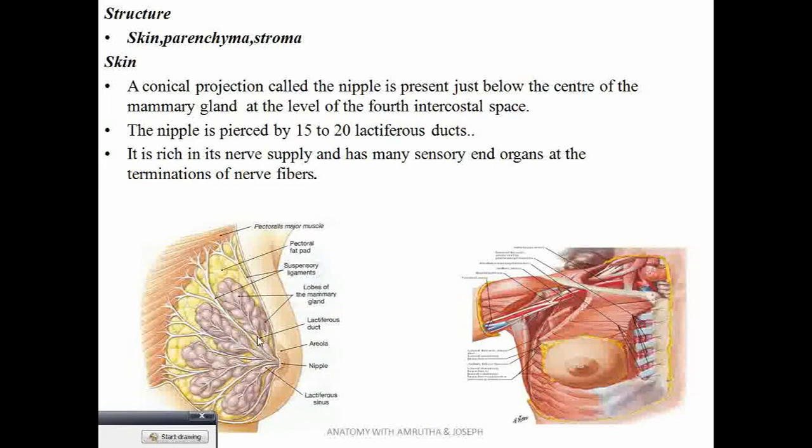Lactiferous ducts are the ducts which carry the milk, so they are opening into the nipple. So the nipple is pierced by these lactiferous ducts. It is rich in its nerve supply and has many sensory end organs at the terminations of nerve fibers. So the nipple is supplied by a lot of nerve fibers, so it's very sensitive.